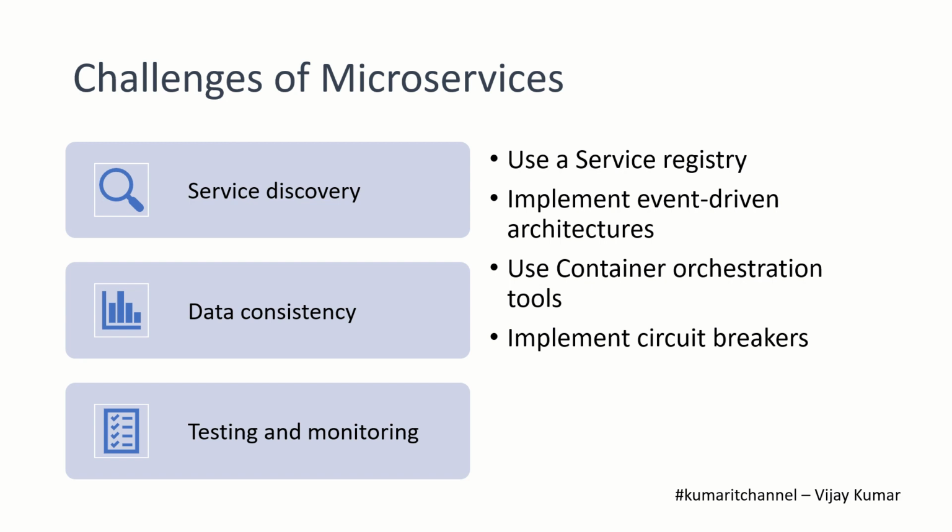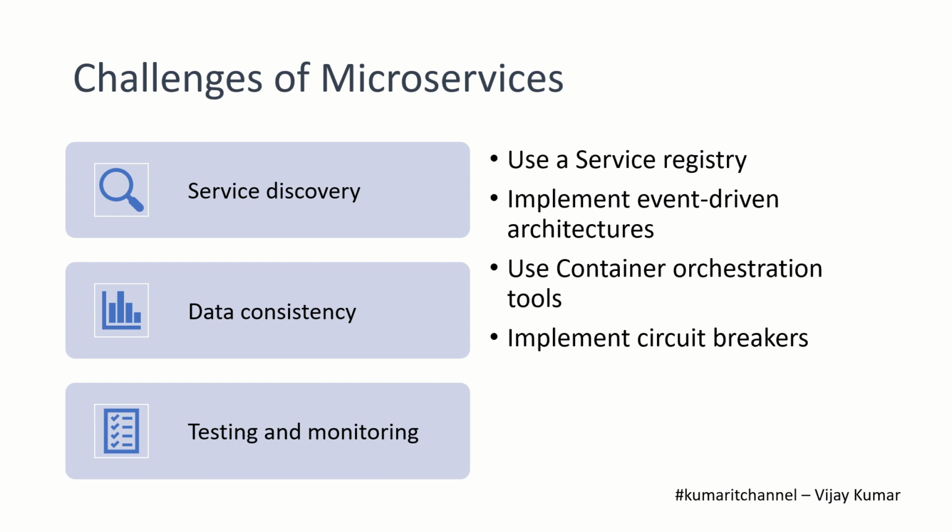Okay. And talking about data consistency, in a distributed system like microservices architecture, maintaining data consistency can be a challenge. Each microservice may have its own database, right? So changes made in one database may need to be propagated to others.